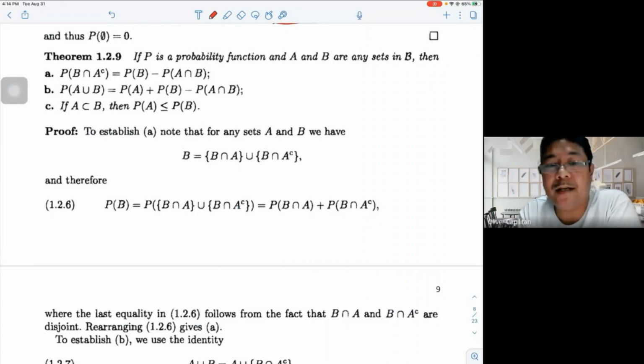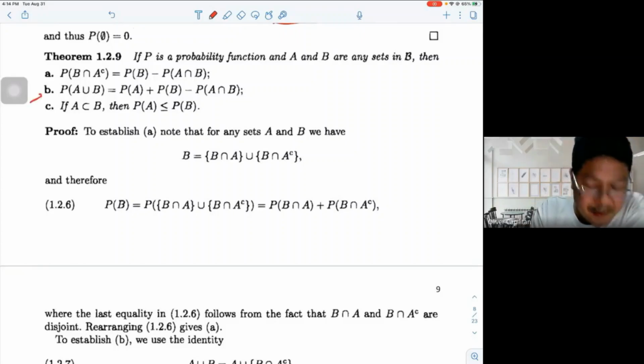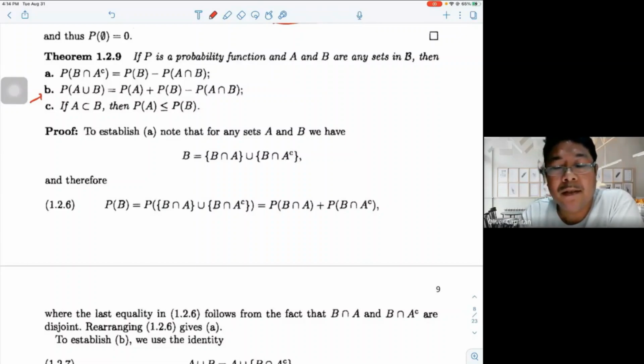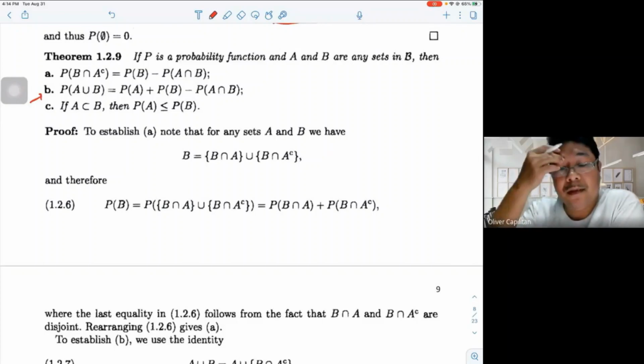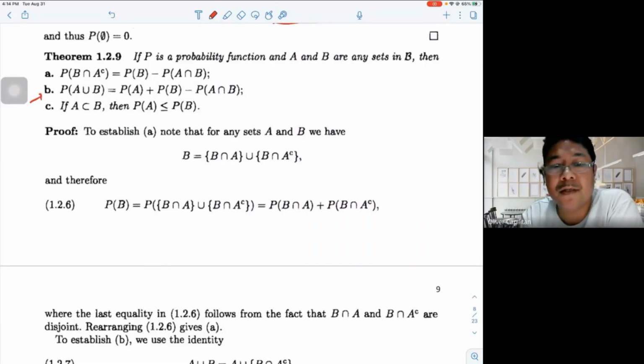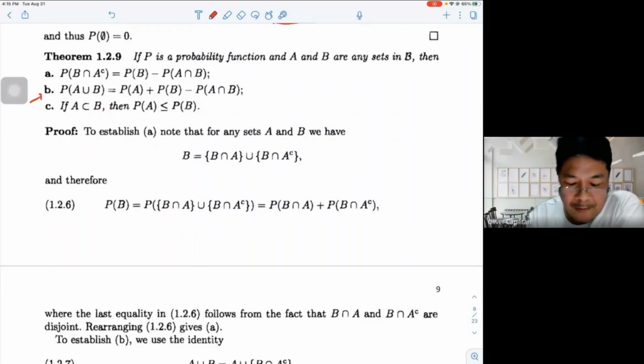If P is a probability function and A and B are any sets in script B, then the probability of B intersection A complement will be equal to the probability of B minus the probability of A intersection B. Secondly, in property B, we have no assumption that A and B are disjoint. So the probability of the union of A and B will be equal to the probability of A plus the probability of B minus the probability of the intersection of A and B. And for letter C, if A is a subset of B, then the probability of A is less than or equal to the probability of B.